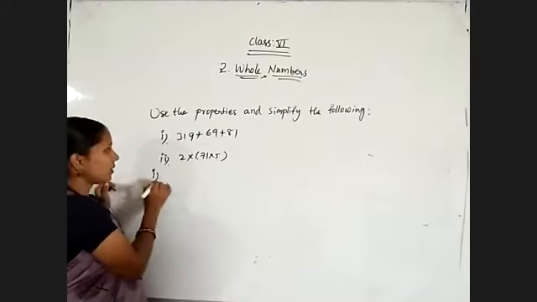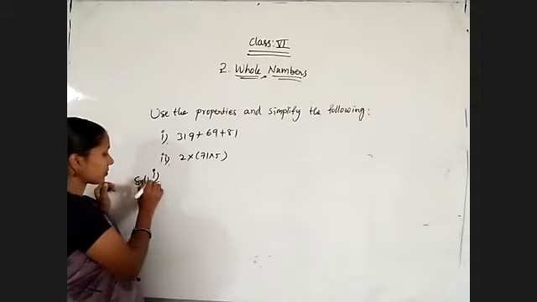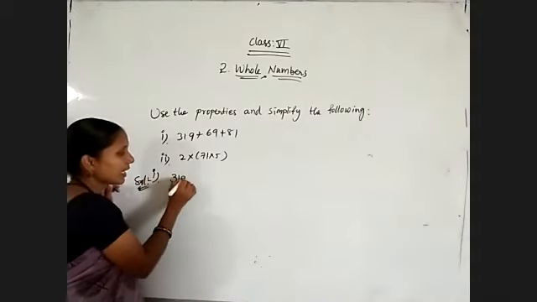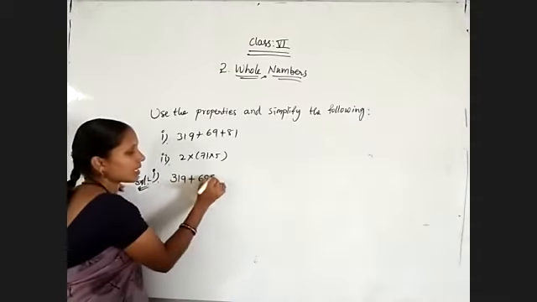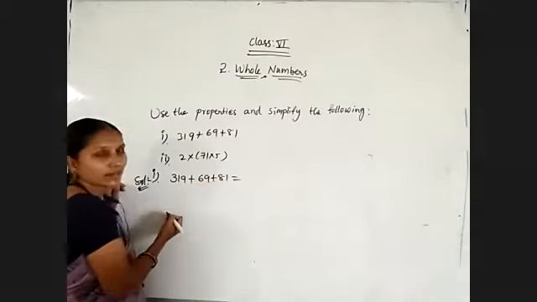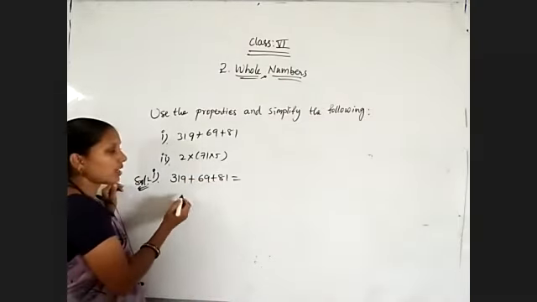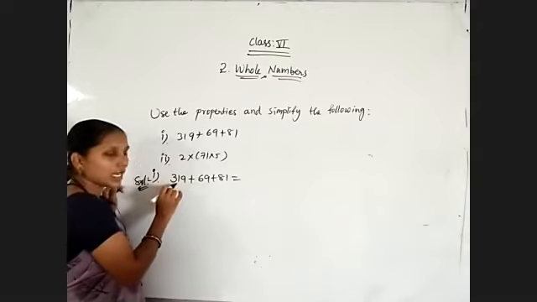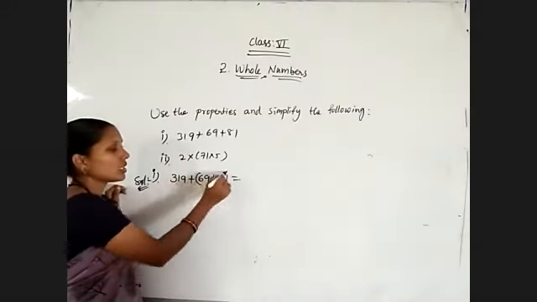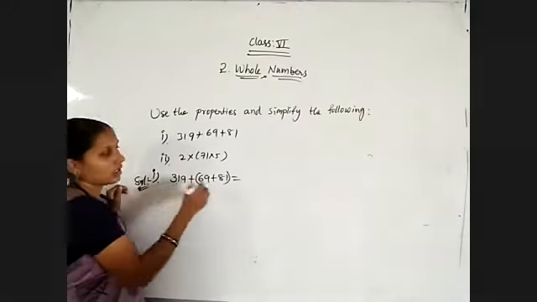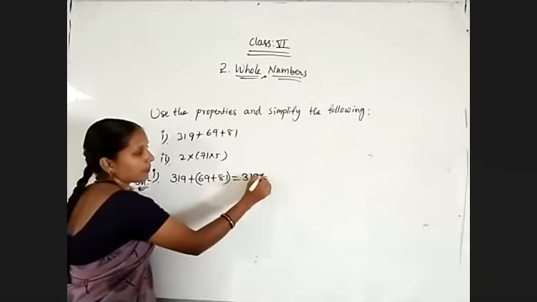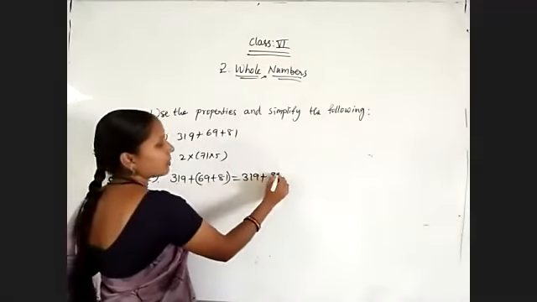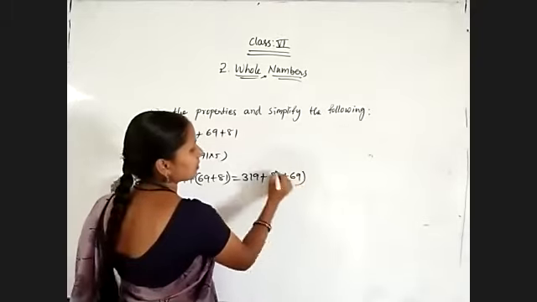So first one, solution. 390 plus 69 plus 81. So now which numbers do I want to add? I want to change 81 next to 319 (sic). So these two numbers: first number I will write 390 plus 81 plus 69.